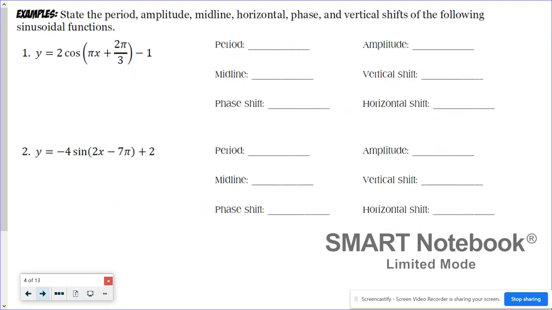So here we have two functions. We want to analyze them for their period, amplitude, midline, vertical shift, phase shift, and horizontal shift. So let's start with the ones that don't require us to do any math, right? The 2 tells us our amplitude. The minus 1 tells us two things. It tells us our midline is y equals -1, and it tells us a vertical shift.